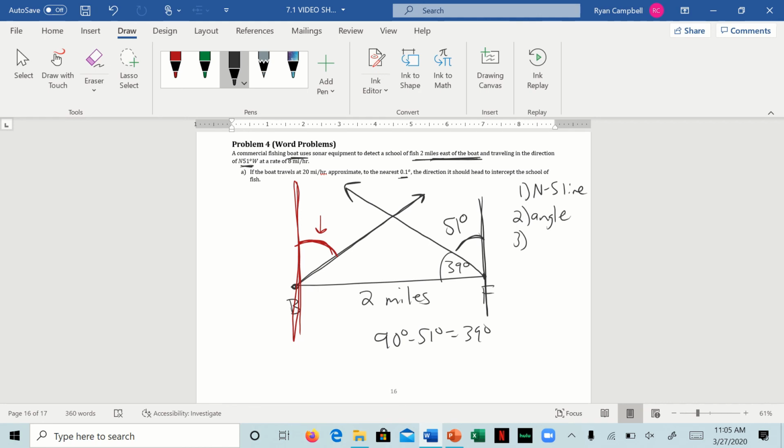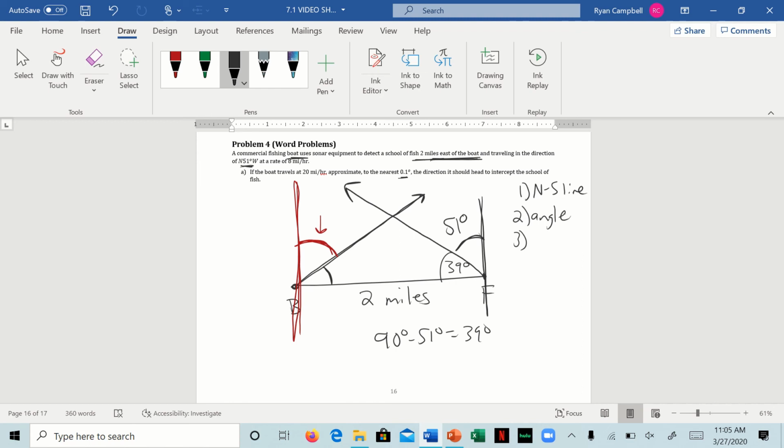If we knew what this angle was, we could figure out what this is. We don't see any right angles in here. Since there are no right angles, we're going to have to use the law of sines.